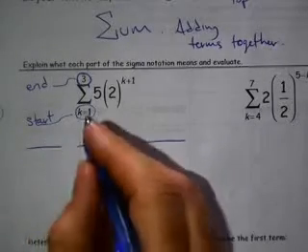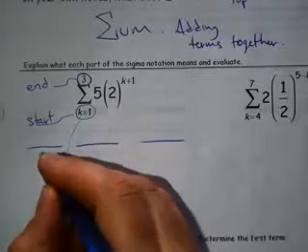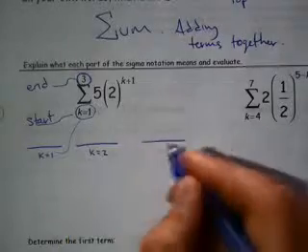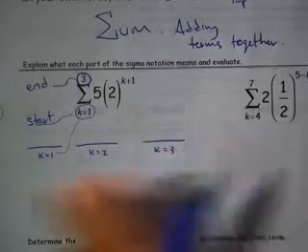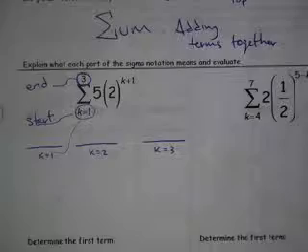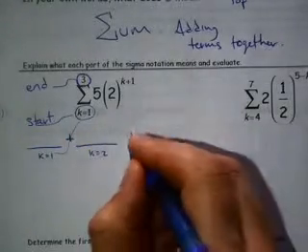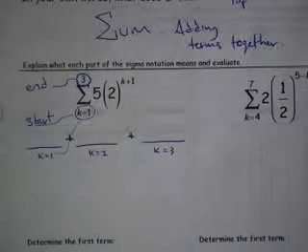So our first one is k is 1. Our second one is k is 2, and our third one we finish at k is 3. Now what is it? Is it a sum? Didn't we say it's a sum? So make sure that we've got a big plus in the middle there.